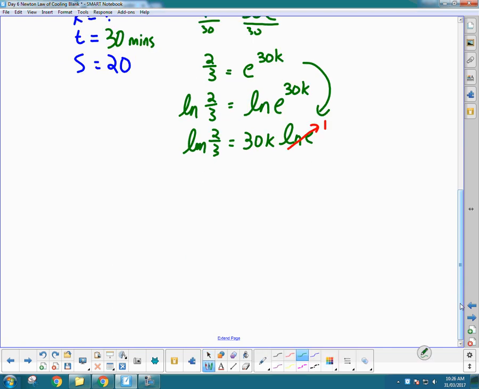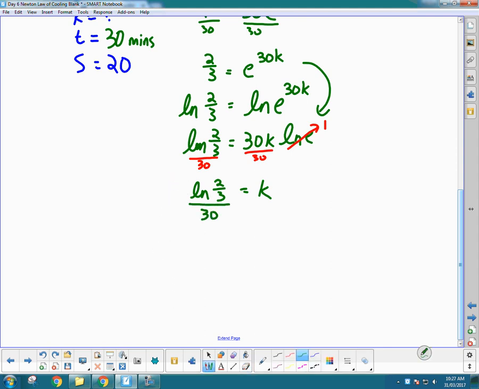Now we have 30k, so I just want to divide by 30. Instead of saying divide by 30, I'm going to multiply by 1/30th, but it means the same thing. If you wanted to see that in 2 steps, it's actually divide by 30.